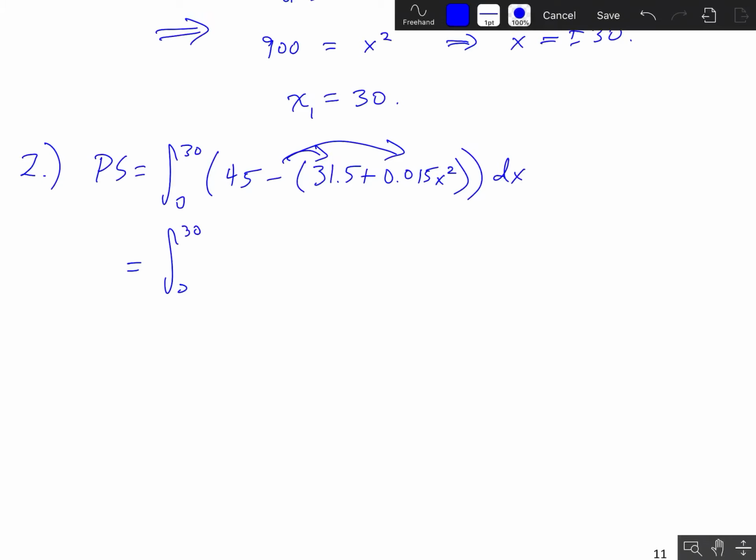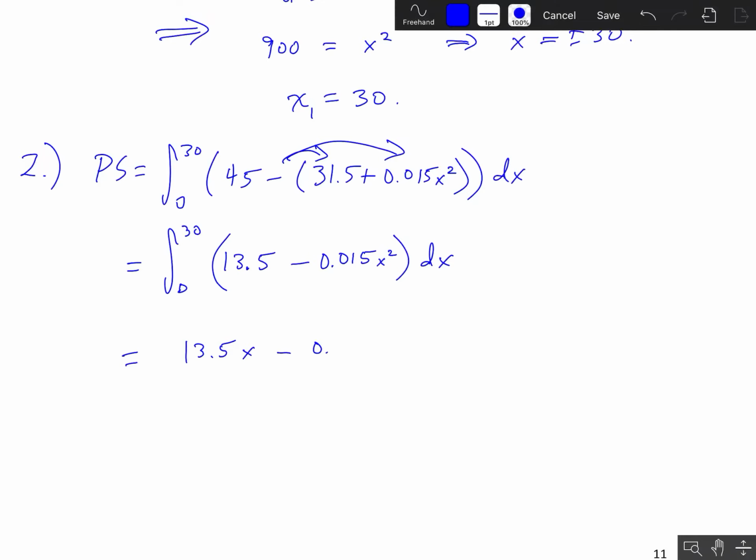So now we'll clean up the integrand before we actually find any antiderivatives. So we have 45 minus 31.5, so we've already computed that that's 13.5. And then that minus sign will distribute to that second term. So we'll get 13.5 minus 0.015x squared. And now we'll take the antiderivative. The antiderivative of 13.5 is 13.5x.